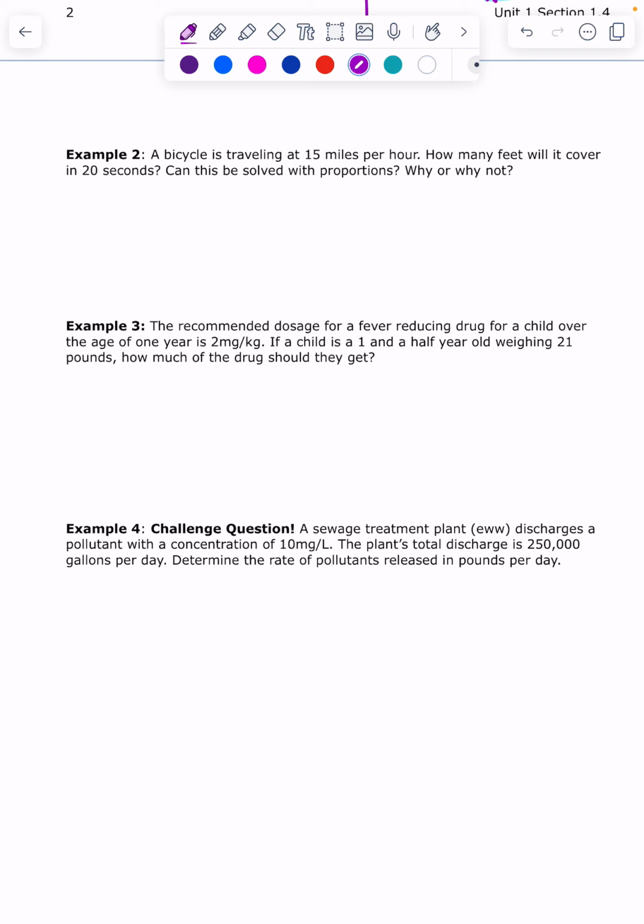So this one cannot be solved with proportions because there are multiple units going on here. We're talking about distance and time. So proportions will only work if you're dealing with one type of unit. So instead we're going to do some dimensional analysis.